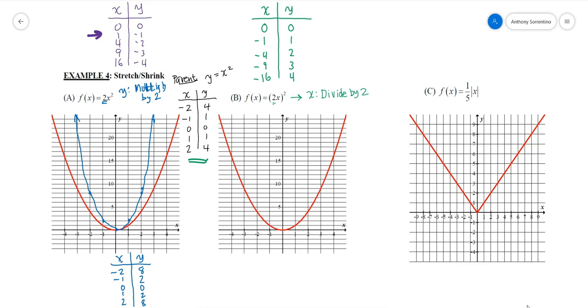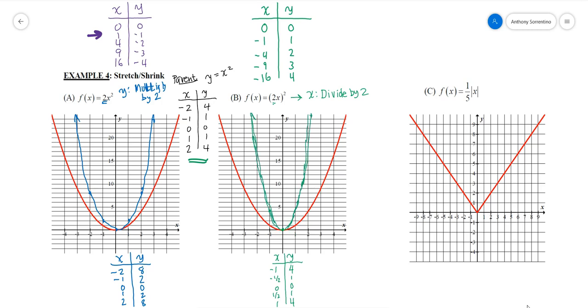It's always the opposite operation inside the parentheses. So that means that when I do my table for this, it's my y's that are going to be left alone from the original function. So the 4, 1, 0, 1, and 4 I have from the original parent function are still going to be there. Each of the x's are going to be divided by 2. Plot these. My graph will look something like that.